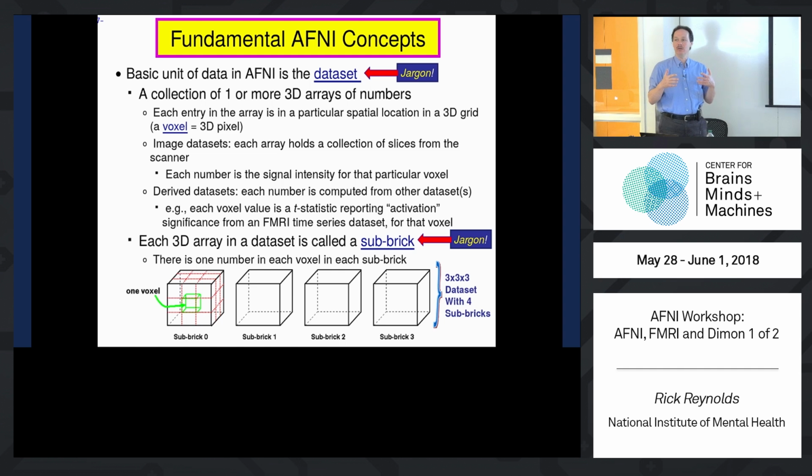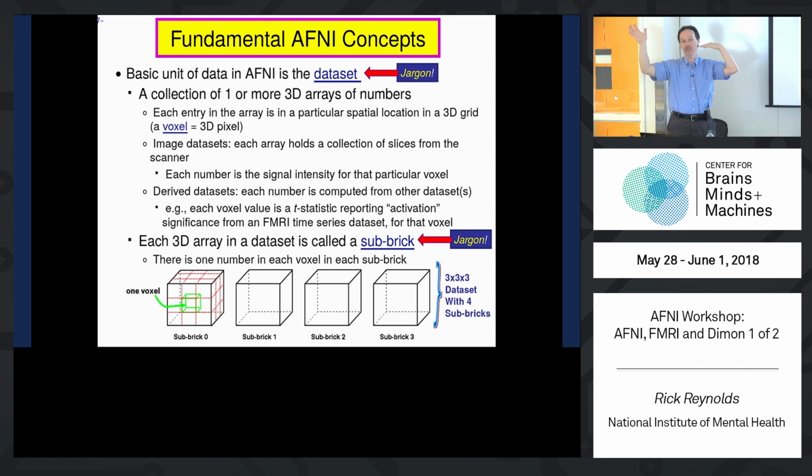So typically when you strap someone down in the scanner, you're not collecting volumes, right? Typically you're collecting slices. So if you're collecting axial slices, an axial slice will go like this. So you might collect, say, inferior to superior. You might collect a bunch of 2D slices.